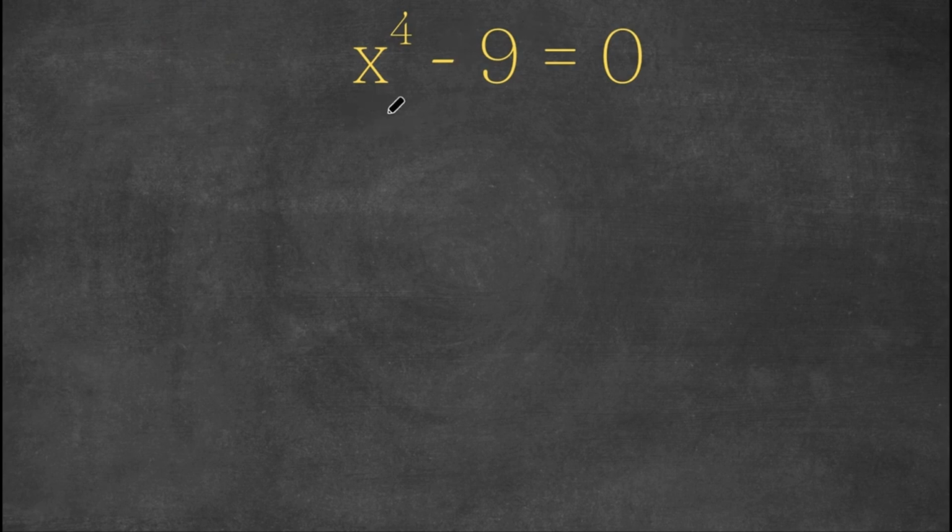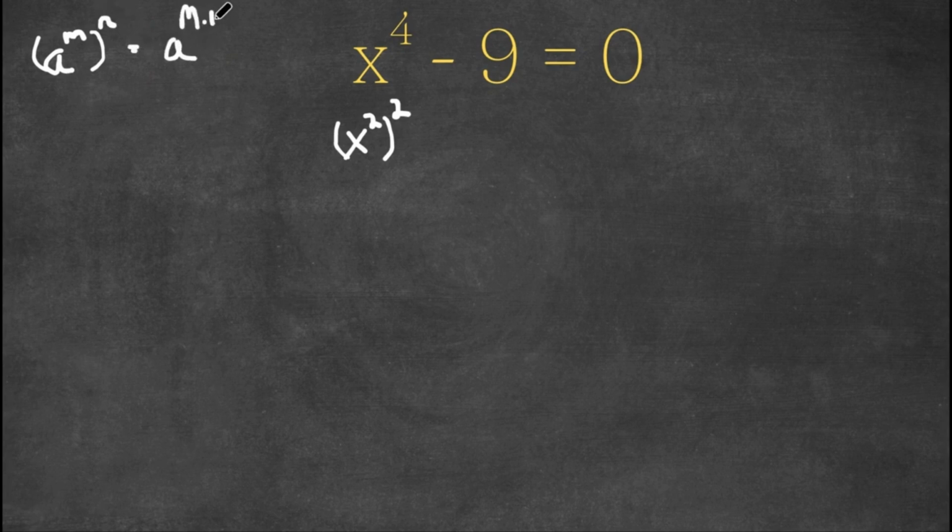So what I'm first going to do is change x to the power of 4 to x squared to the power of 2. Because remember, an important property of exponents is that a to the power of m to the power of n is also equal to a to the power of m times n.